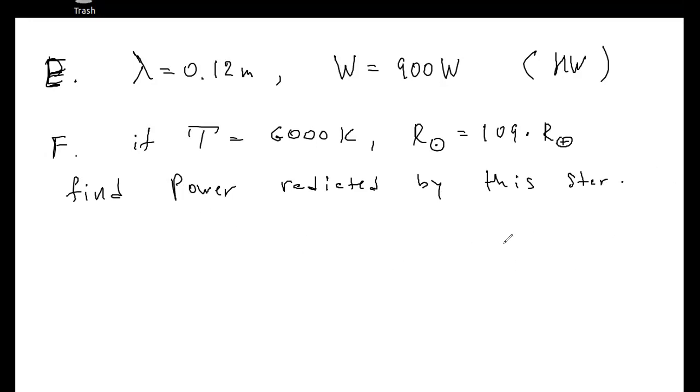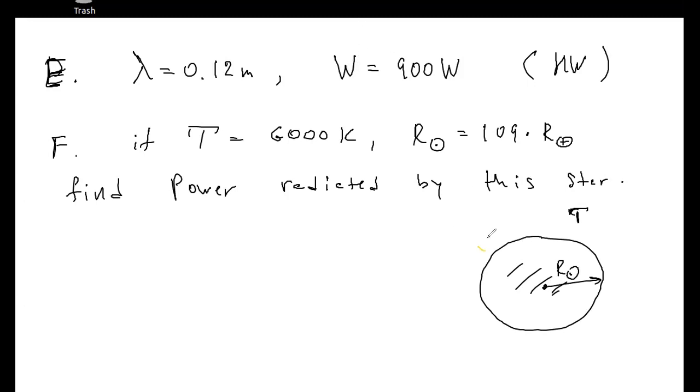We're talking about something like a star. We know the temperature at the surface, and we know the radius. So the question would be, if this radiation comes out as black body radiation, what will be the power?